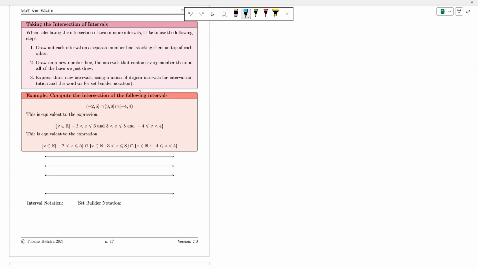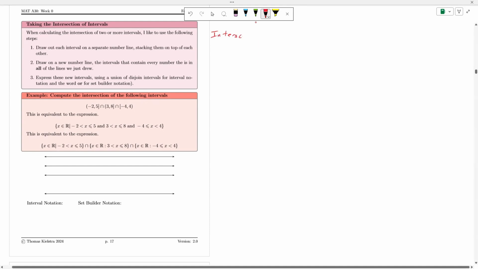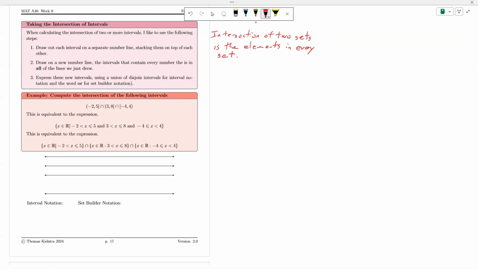Now let's take a look at intersection. Now, intersection, remember, of two sets is the elements in every set. So I'm going to use a similar process here, but now instead of taking any, I'm going to take all lines.